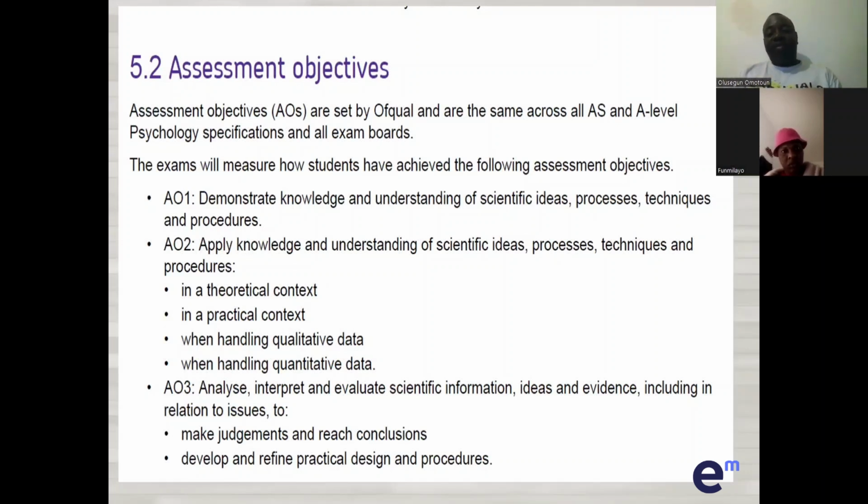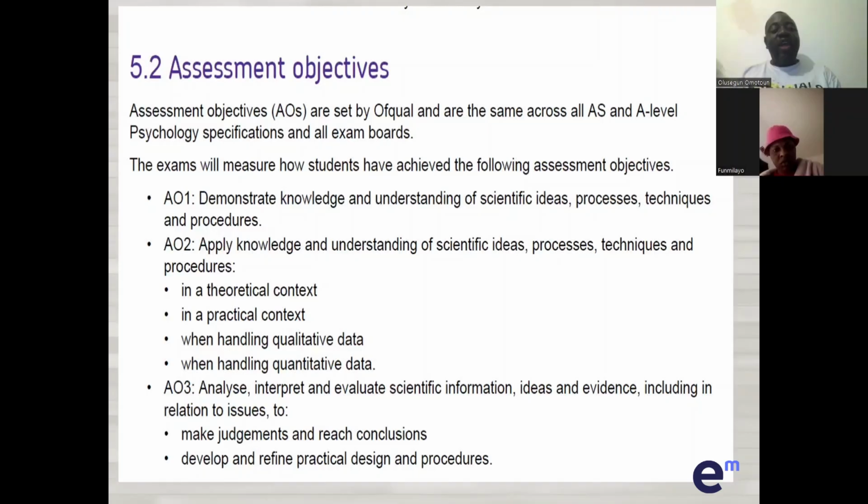In this aspect, basically, we want to look at the pros and cons. So it means you are looking at the merit and demerit. You are looking at the strengths and the weaknesses of a particular thing.